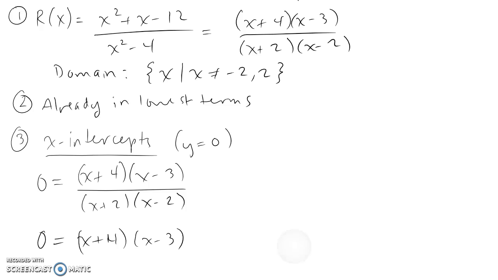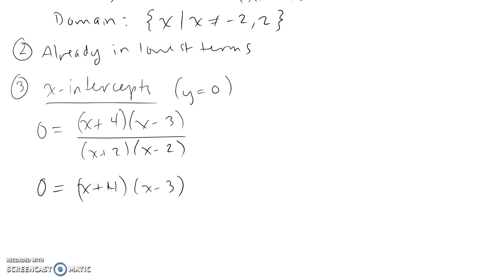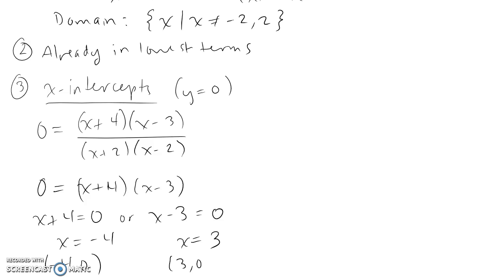Because 0 over anything is 0. And if the numerator equals 0, then either x plus 4 must equal 0 or x minus 3 must equal 0. So x is negative 4 or x is positive 3. So our two x-intercepts then are (negative 4, 0) and (3, 0).